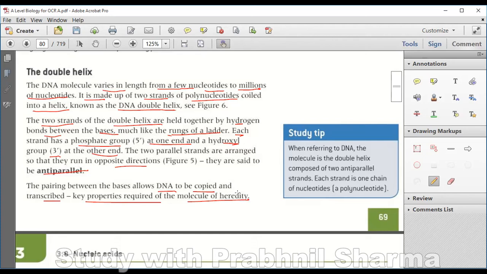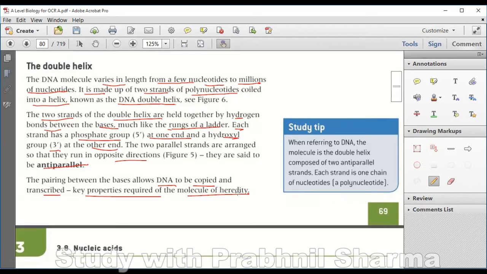Whatever the pairing is in the case of DNA, this allows the DNA to be copied and transcribed, and to transfer the key properties required for a molecule of heredity.